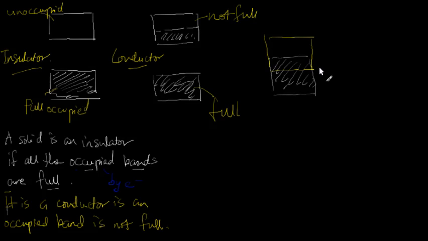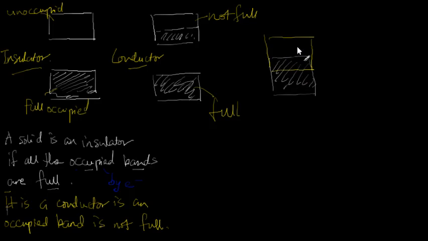The electrons fill up the lower band fully, and at the same time there are enough electrons to fill up both the lower band fully, as well as the upper band, which happens to overlap with it.